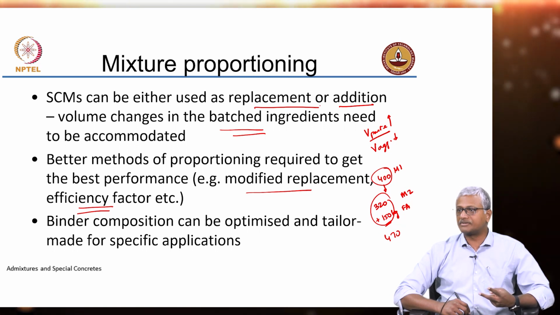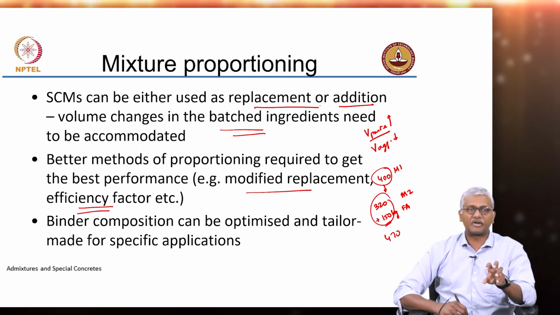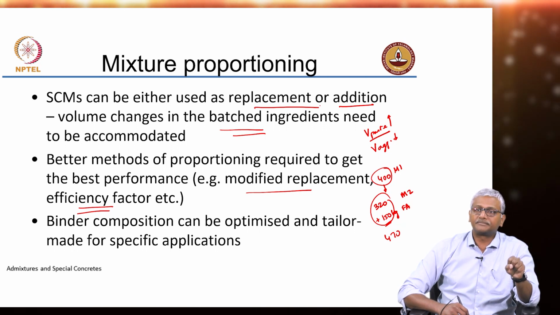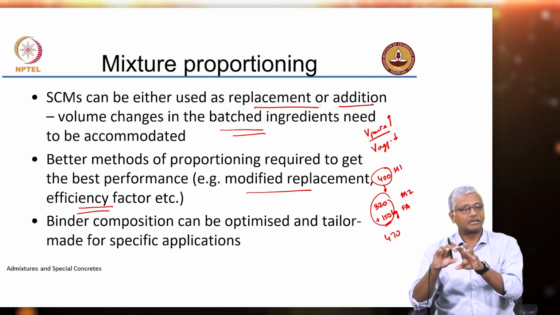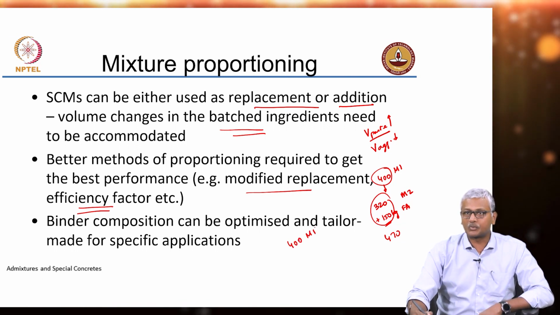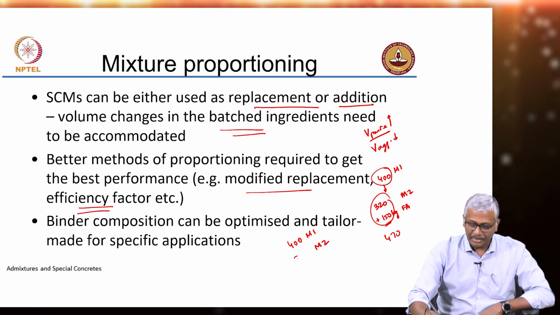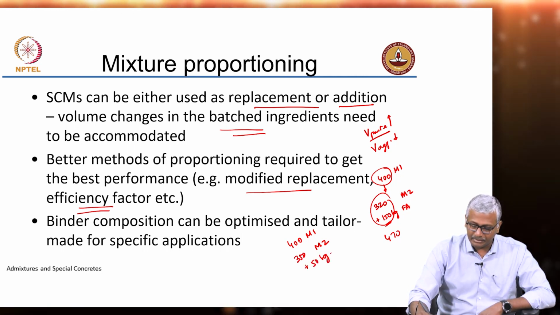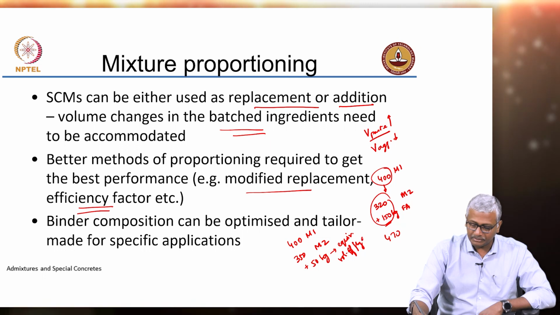Now, I have said two things here, replacement by volume or replacement by mass. If you do replacement by volume, what will happen? Let us say 400 kilograms of cement is my overall cement content in mix 1. In mix 2, I have 350 cement and 50 kilograms equivalent volume of fly ash.